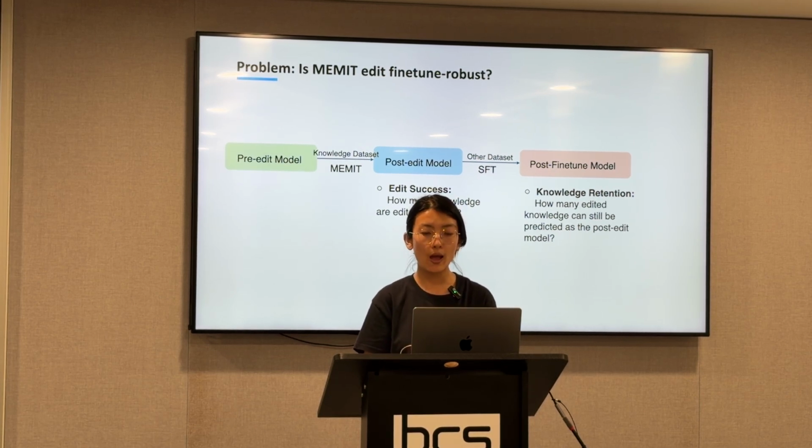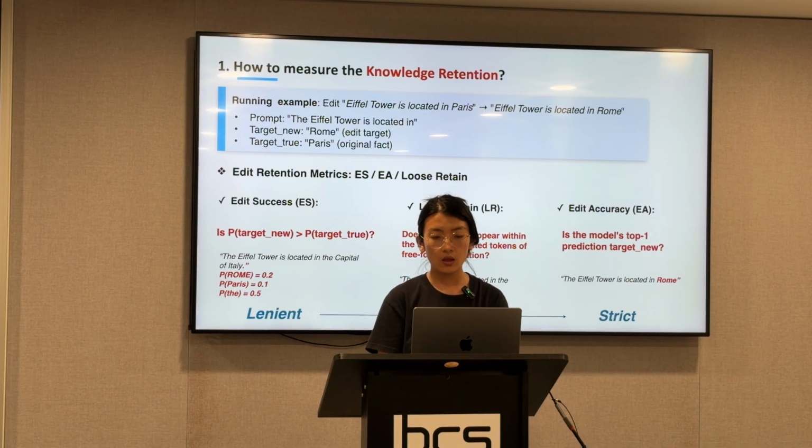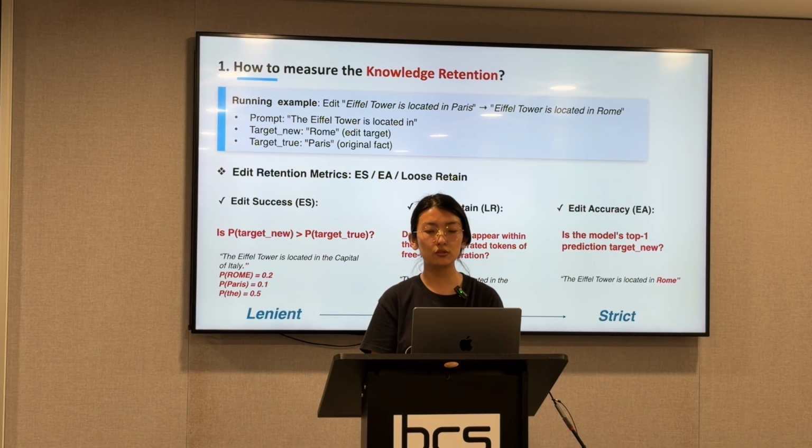But now, what happens if we subsequently fine-tune the model on some unrelated dataset? This is a realistic scenario because in practice, large language models are continually adapted via supervised fine-tuning for new downstream tasks. And before answering this question, we need to figure out a measurement question.